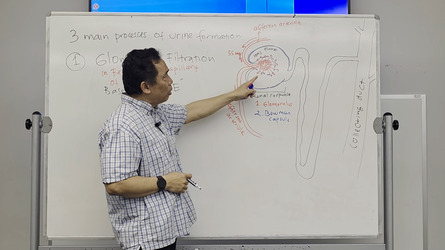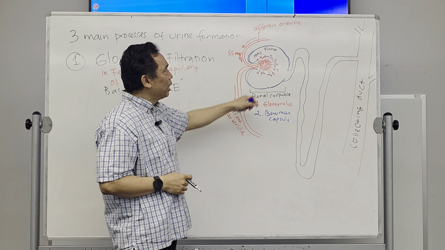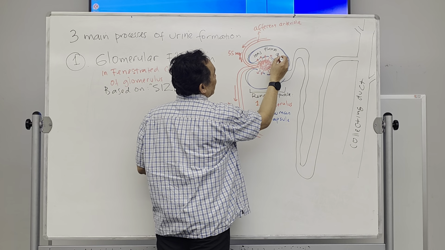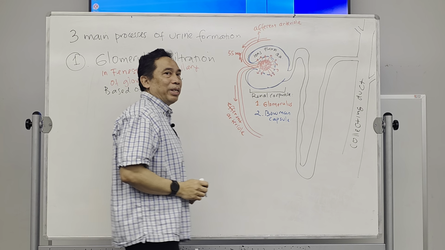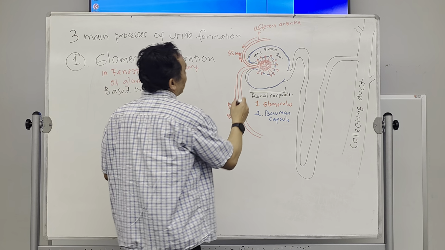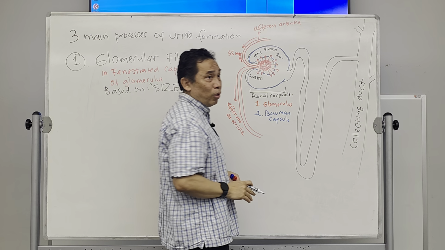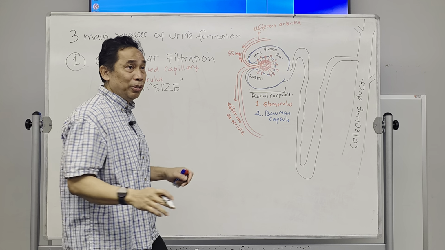So glucose will also be pushed out from the blood into this Bowman capsule. Amino acids will also be there. Of course, the waste that we really want to remove will be there also.